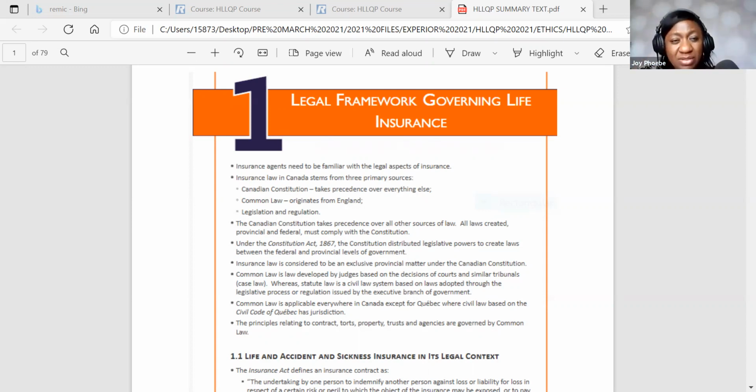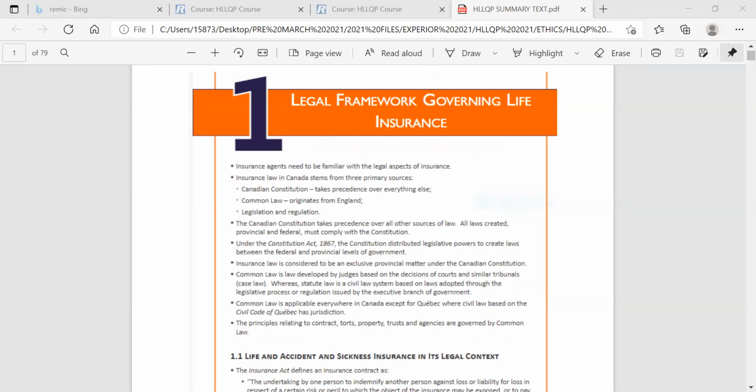You lost the right to contest because you misrepresented the information you provided to them. Make sense? That's why that first 2 years is called the incontestability period.